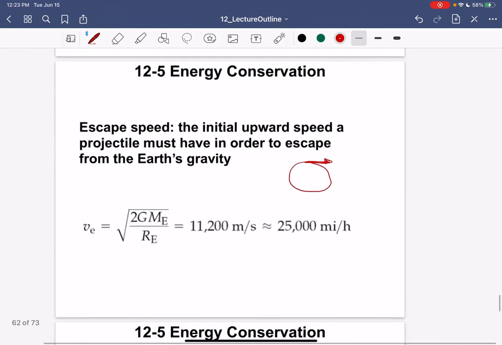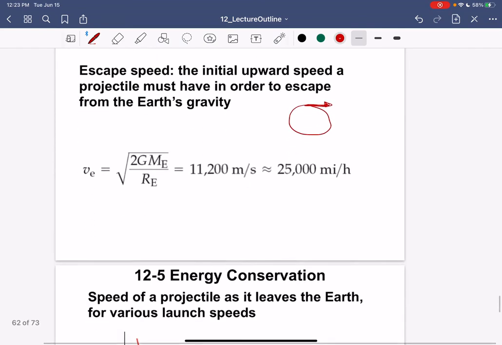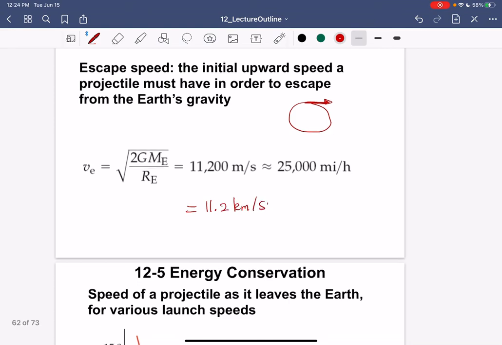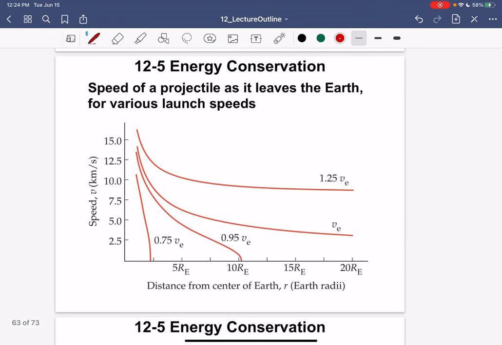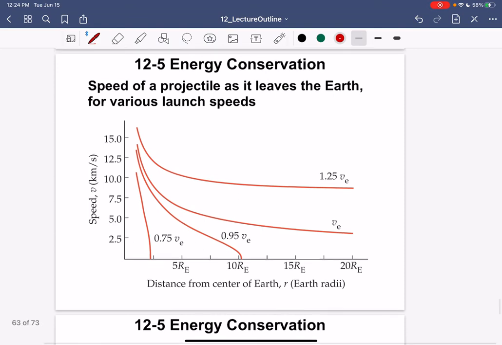And this is 11.2 kilometers per second, or 11,200 meters per second. This is here the speed of a projectile as it leaves the Earth for various launch speeds.